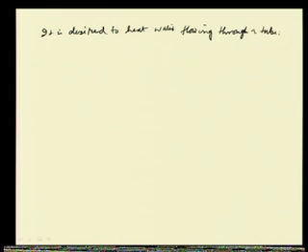So, the first problem is, say, it is desired to heat water flowing through a tube.